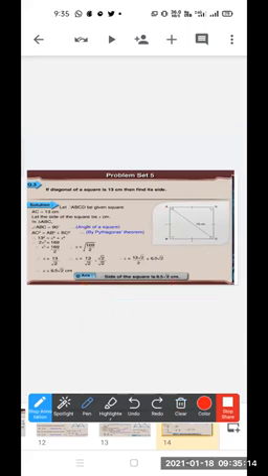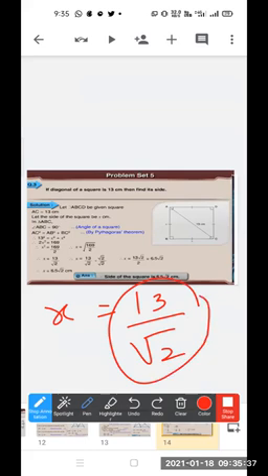Taking square root on both sides, we get x is equal to square root of 169 upon 2. The square root of 169 is 13, and the square root of 2 we can write as root 2. Now we can see, children, that this 13 upon root 2 is a surd, so we have to rationalize it.